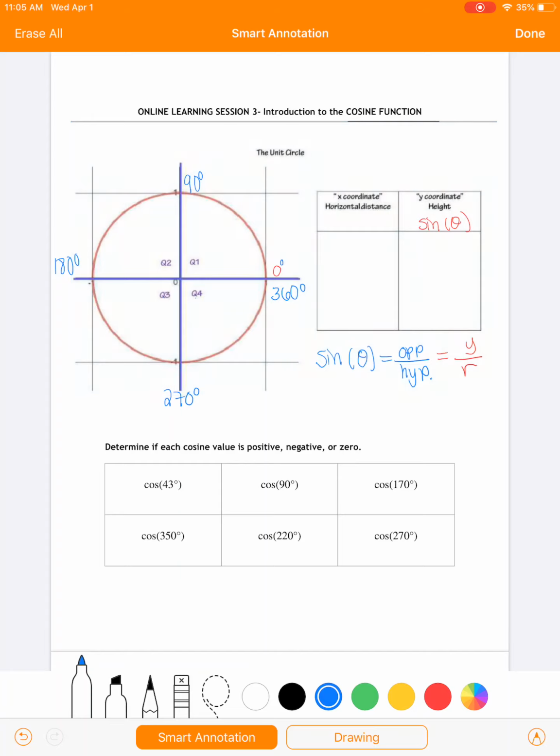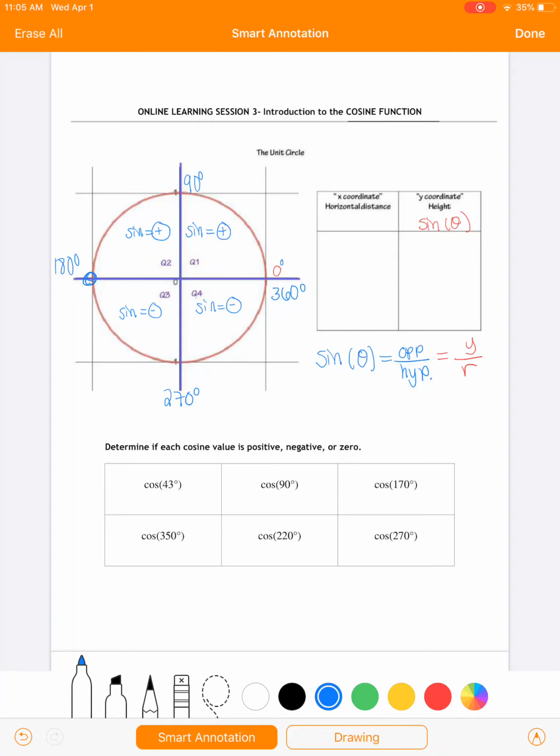So just to recap, we had talked about how sine would be positive if we were in quadrant 1 and quadrant 2, because you were above the x-axis, or you made an angle of rotation that was less than 180 degrees. And then we also talked about how sine would be negative when we were below the x-axis, or between 180 and 360 degrees.